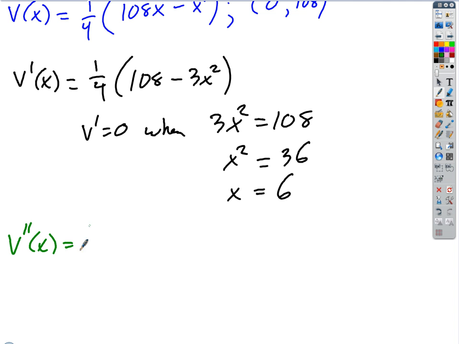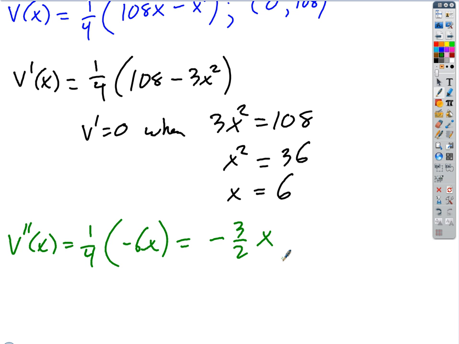Derivative of 108 is 0. Derivative of negative 3x squared is negative 6x, and so my second derivative is just negative 3/2 x, right? Now, the important thing though is our domain only includes positive values of x, right? What's the sign of the second derivative everywhere then? Negative, right?